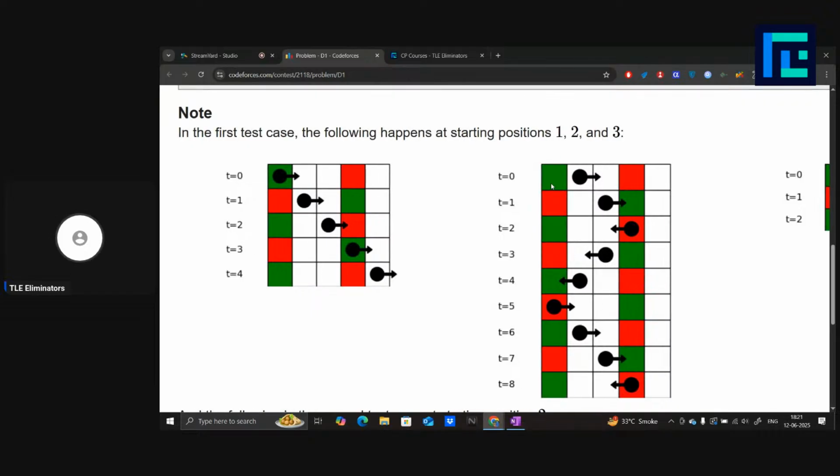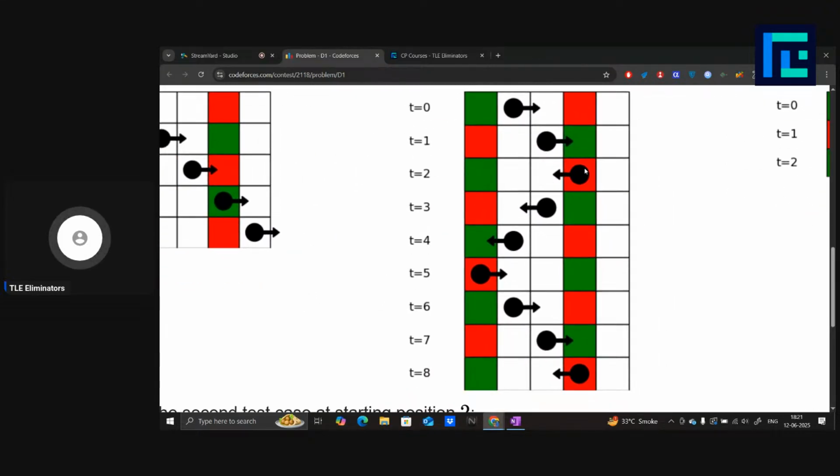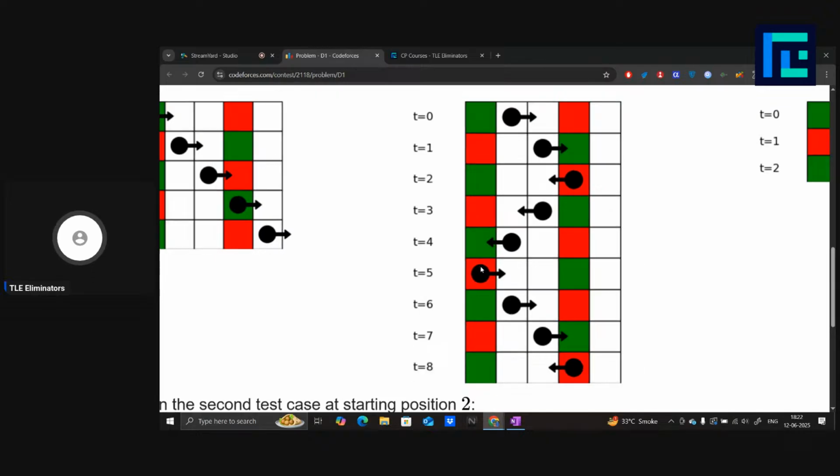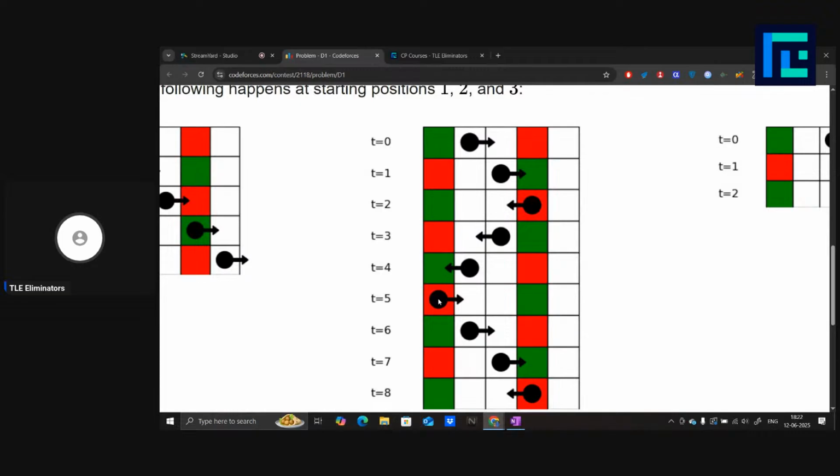this state, let's say this state right here, that we are at the second light bulb facing left and at t equal to 2. So this state depends on this state, right? So if we start here facing left, or basically facing right, then we'll flip and reach here at t equal to 5, or basically at t equal to 1, modulo 2, right?